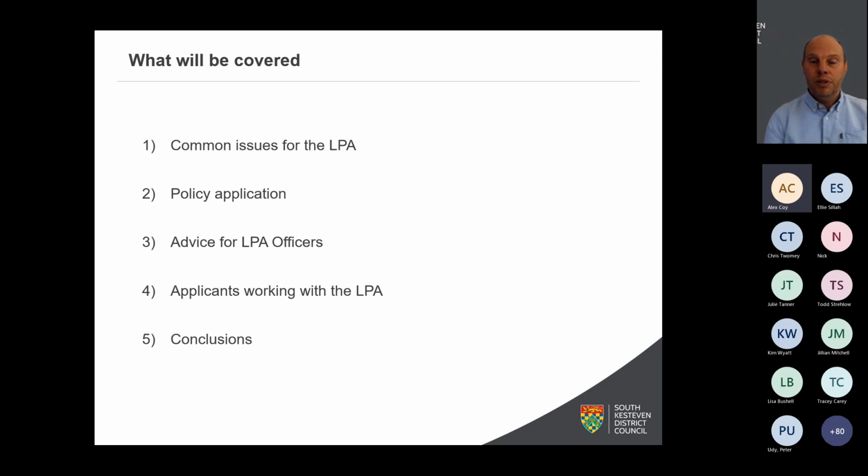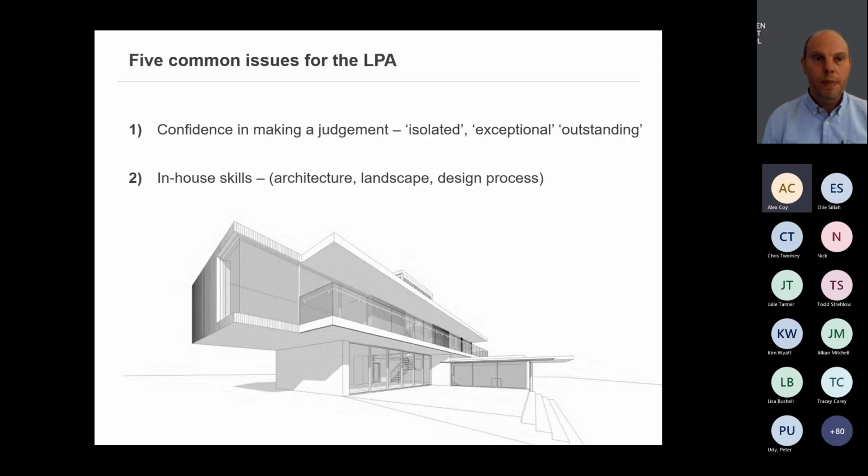Some advice for applicants working with the local planning authority as well. But that is also the types of things that local planning officers should be sort of demanding off applicants as well. And then finally, I'm going to sort of wrap up with some conclusions.